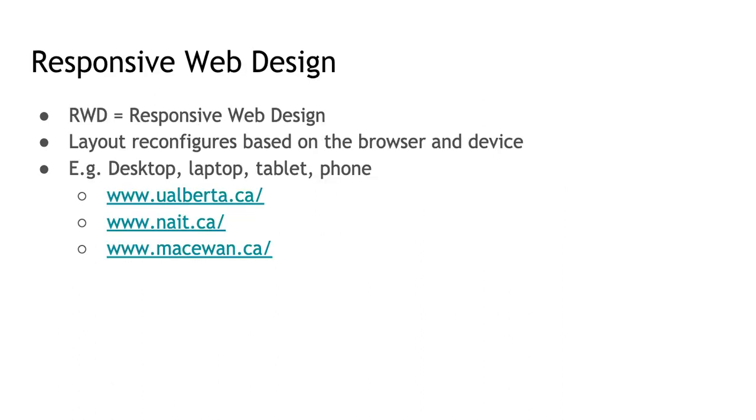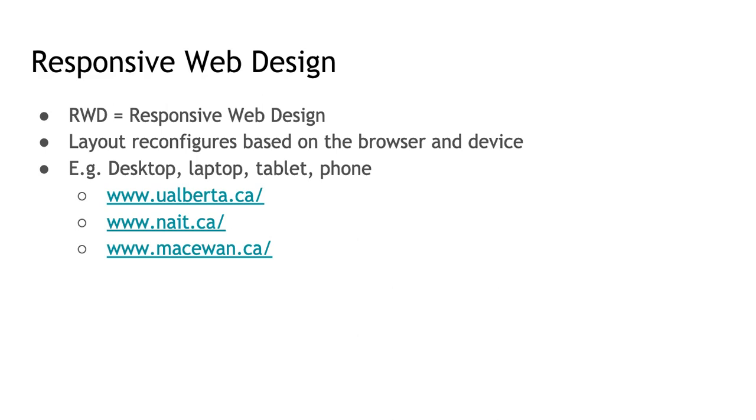So talking about responsive web design, which is abbreviated to RWD. The layout reconfigures based on the browser and device, so for example desktop, laptop, tablet, or phone. On desktop, you have the ability to resize your browser, same with laptop, and then tablet and phone.